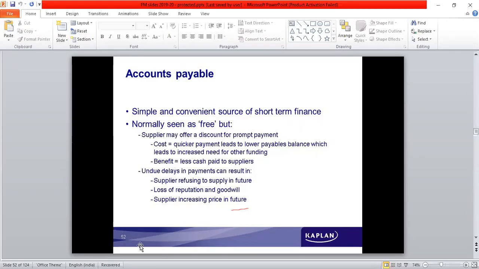So normally seen as free, but the supplier may offer a discount for prompt payment. So that becomes a benefit there.